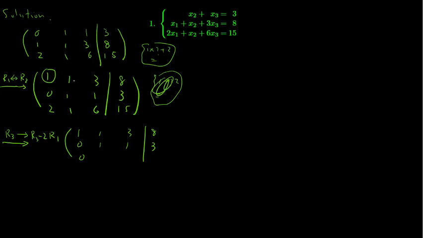-2 times this 1 is -2, and then -2 plus this 1. I think you have -1 in here. And then the multiple is -2. -2 times 3 is -6.